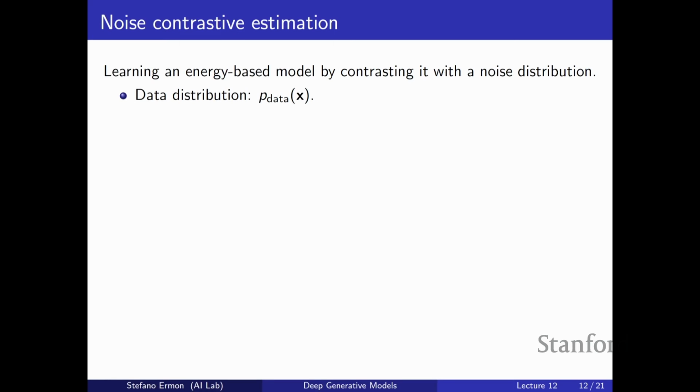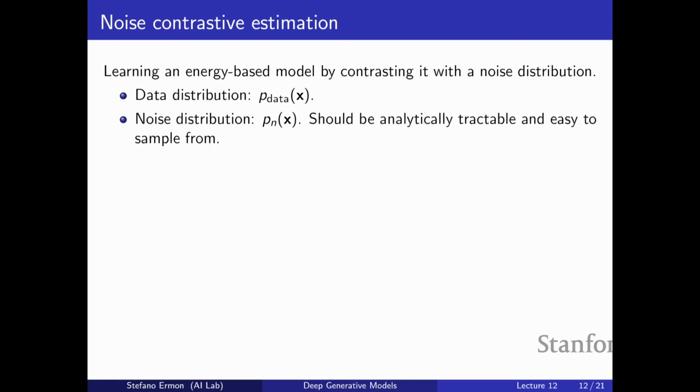So that's how it works. You have the data distribution, and then there's going to be a noise distribution, which is any distribution you can sample from, and for which you can evaluate probabilities.